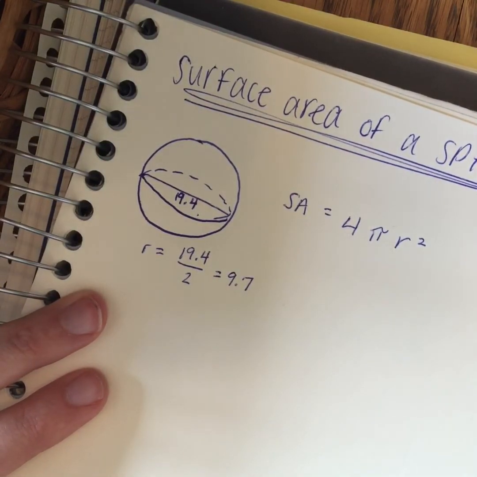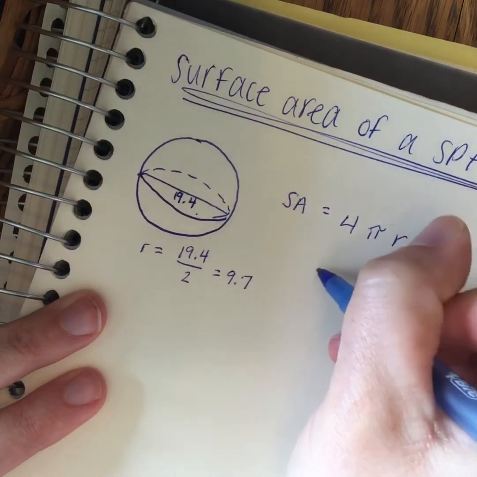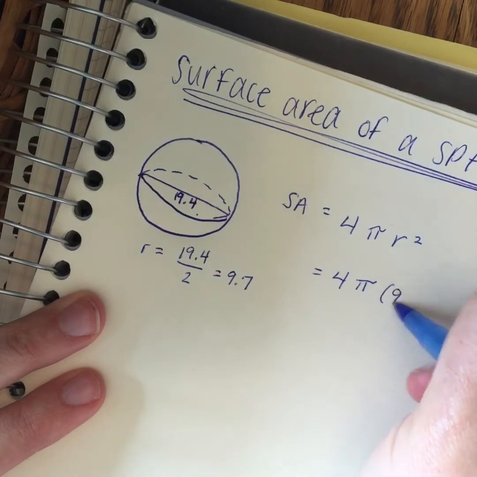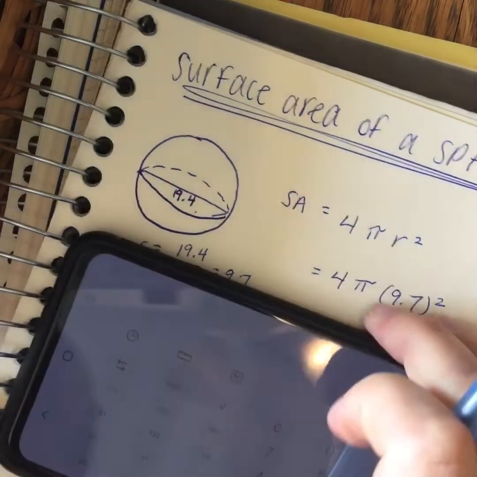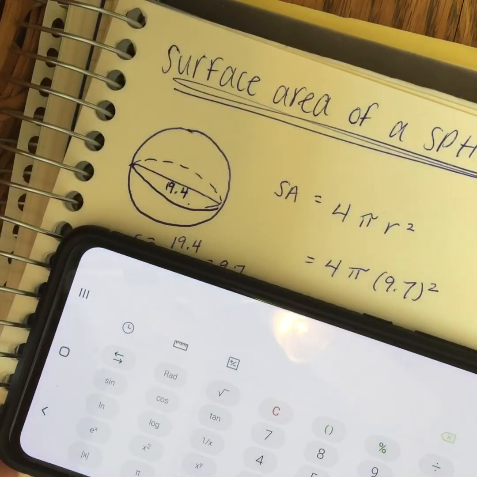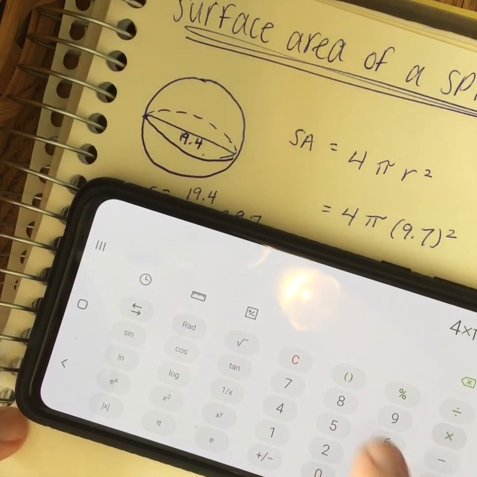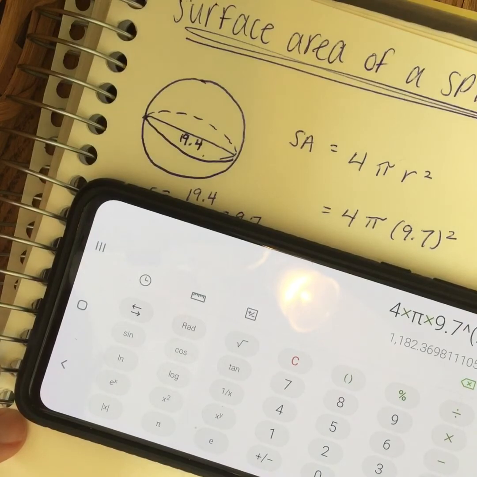Yes, 9.7. Okay, so all that means is we're going to plug it in. So we have 4 times pi times 9.7 squared. Let me bring my phone over here so that we can plug it in.